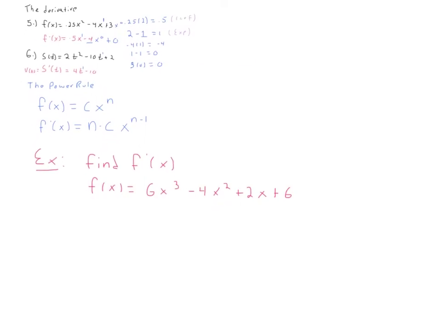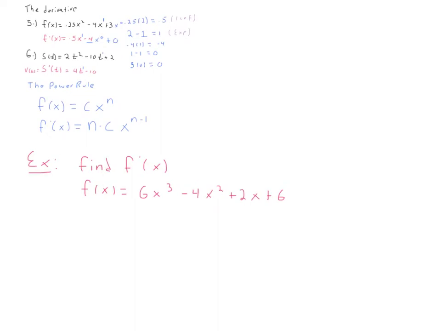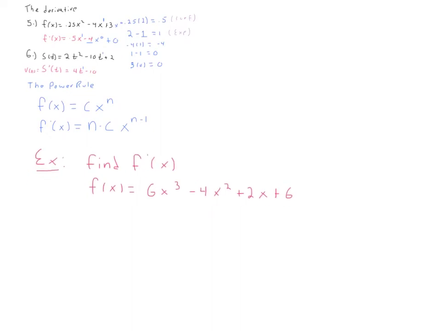Okay, so using this new power rule, if I have an exponent of 3 and a coefficient of 6, this first term of the derivative, f prime of x, is going to be 3 times 6, 18.